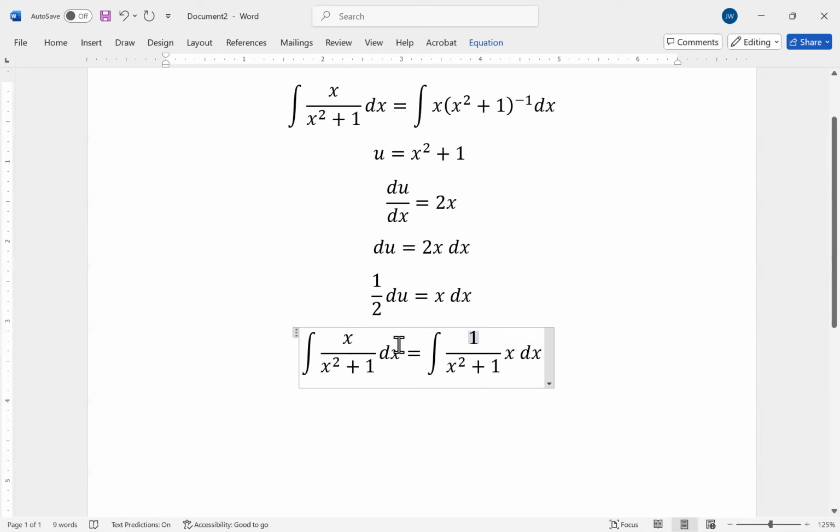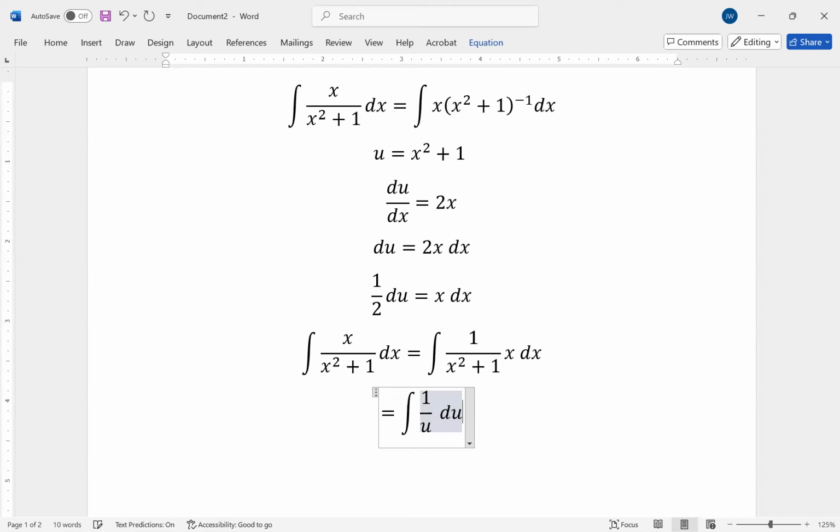Again, I'm just factoring out that x using properties of multiplication. So now I can do my substitution. My substitution is going to give me 1 over u times 1/2 du. Now, I'm going to write the 1/2 out front.